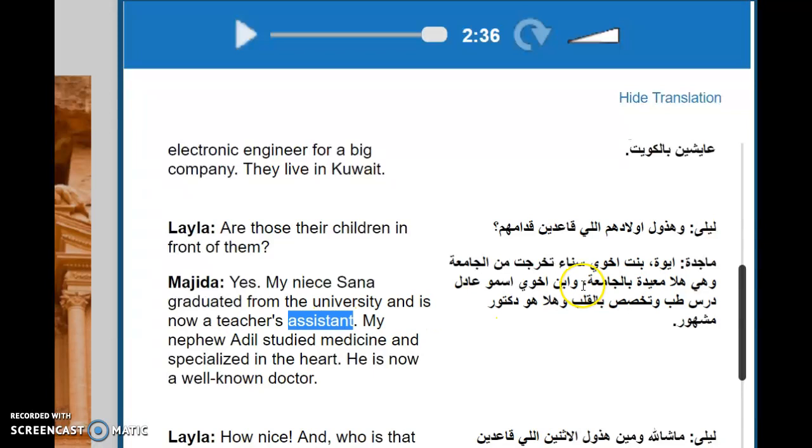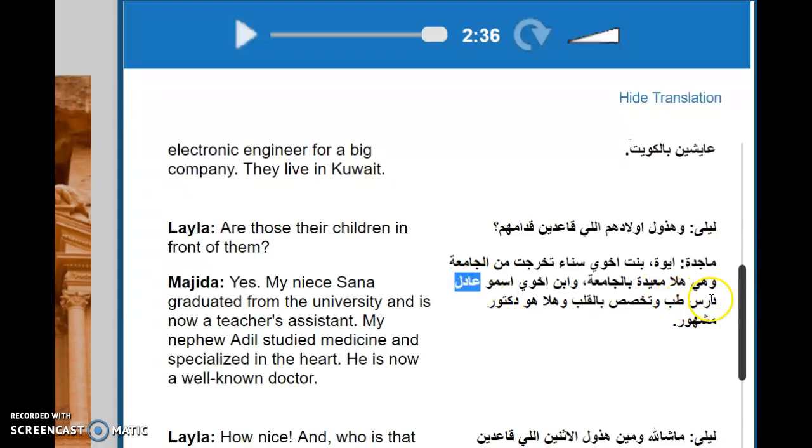بالجامعة, at the university. وابن أخوي اسمه, and my nephew, or the son of my brother, اسمه, this is an attached pronoun, third person, his name. In MSA, you use a ha, but in dialect, they can do it either way, with a wow or with a ha.